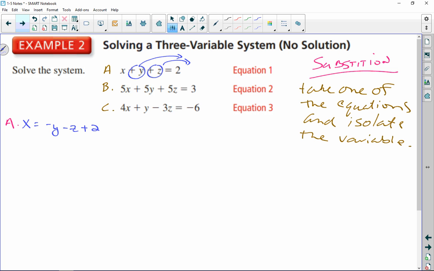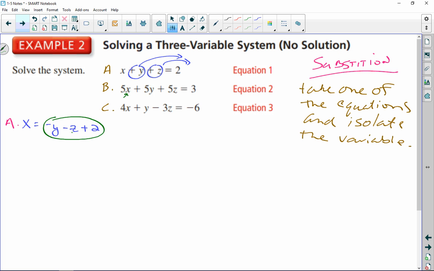Okay, now, here's where it gets a little interesting. Which one did I modify? I modified A, didn't I? Okay, so this is the substitution part. Since I know that X equals that right there, I'm going to come to my other two equations, but instead of writing X, what am I going to put? I'm going to put that right there.